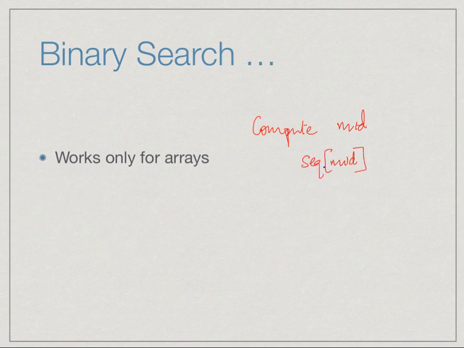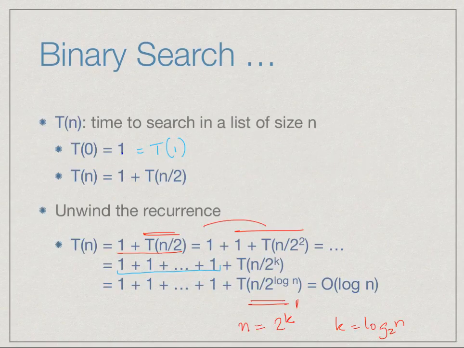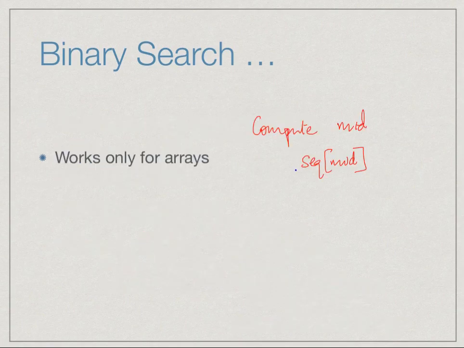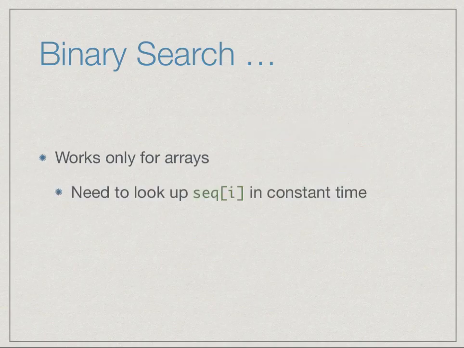We are assuming that this computation of mid and comparing the value with the midpoint takes a constant amount of time. That's why we said that it is 1 plus T(n/2). This 1 involves computing mid and looking up the sequence at the midpoint. But this can only be done for arrays, because only for arrays can we take a position and jump in and get the value at that position in constant time. It will not work for lists, right? Because we need to look up the sequence at the ith position in constant time.